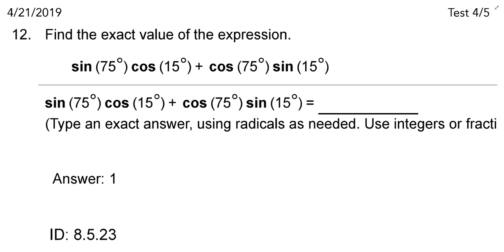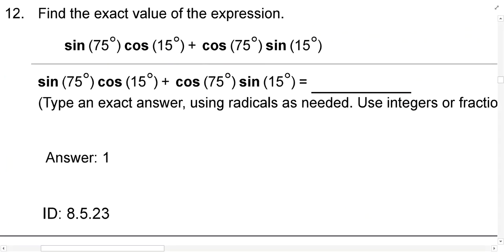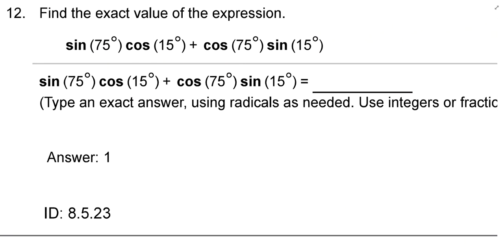In problem 12, the question looks a bit challenging at first, but it really is just another application of our sum or difference identities. Here we have sine of some alpha times cosine of some beta angle plus cosine of the alpha angle times sine of the beta angle. Both alpha and beta are the same in both groups.